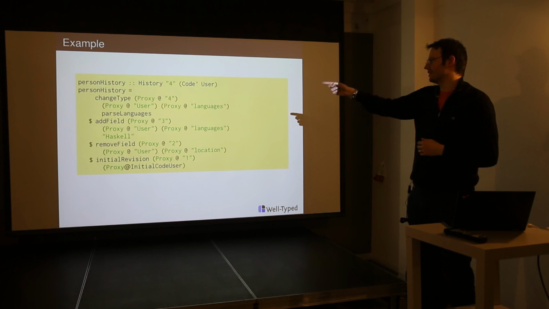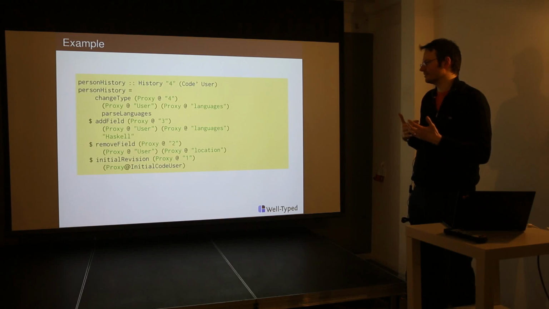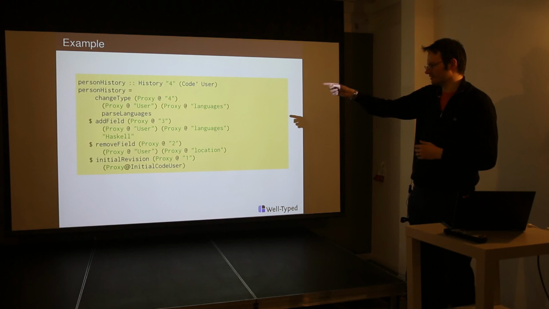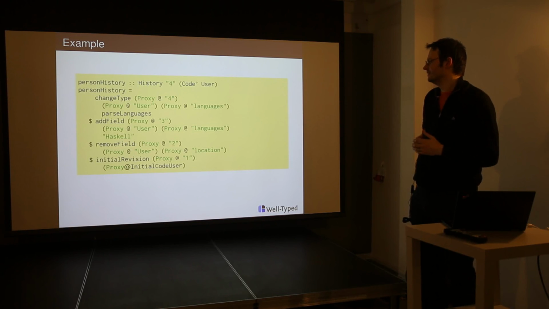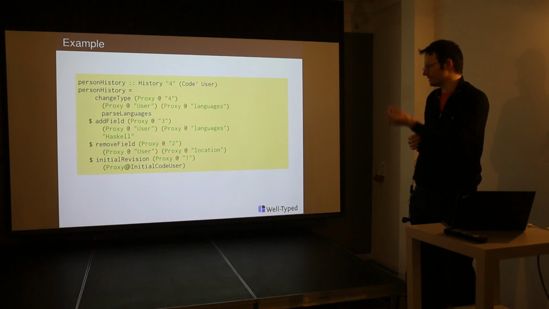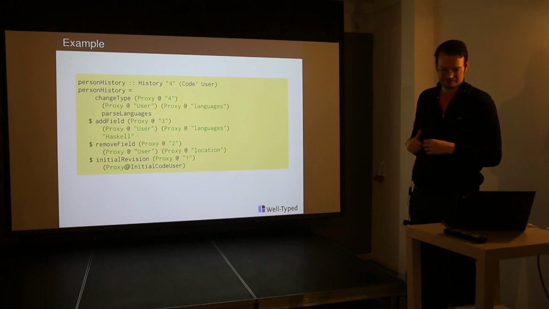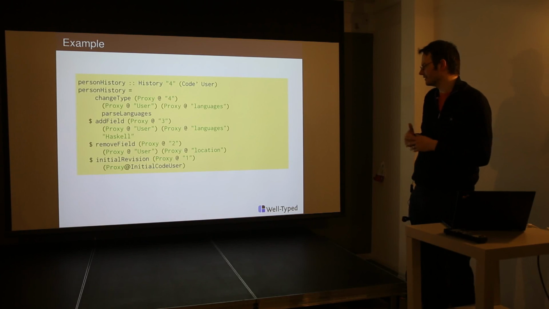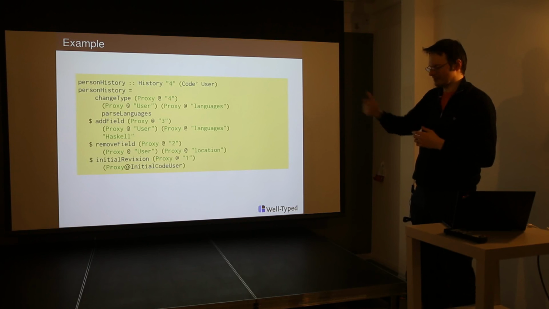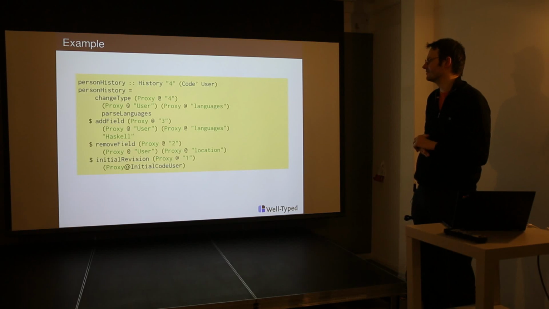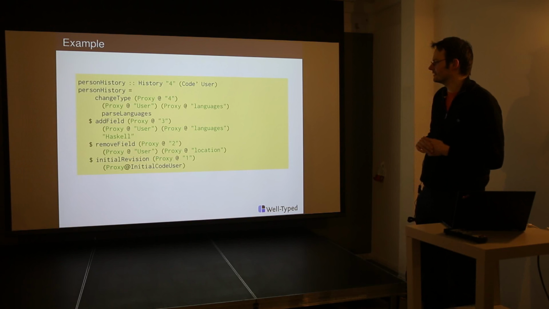Change type is a helper function that takes an explicit conversion function, so I have to pass in a function from string to list of language here, which is parse languages, which I have defined, that is very naive in my demo code, but just basically applies read and looks whether it matches any of the existing constructors. But you could imagine something more sophisticated.